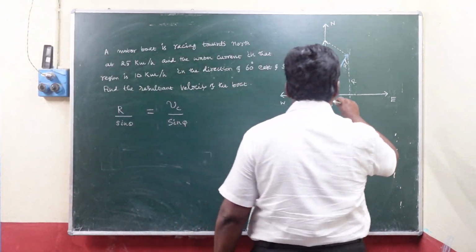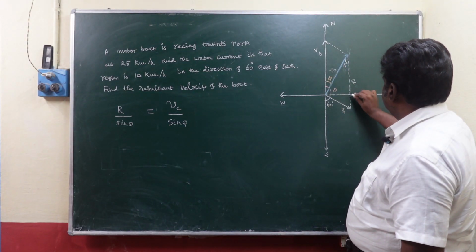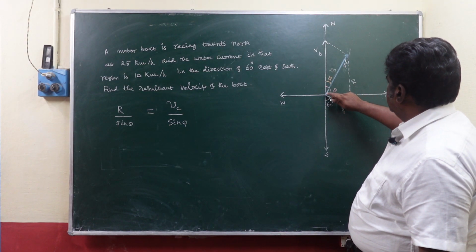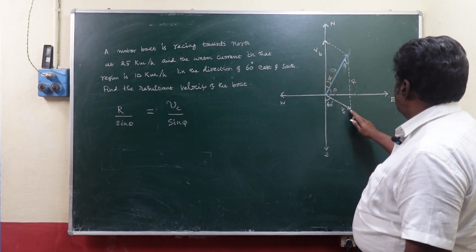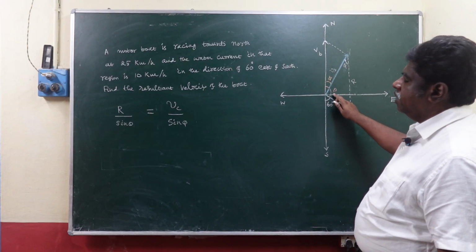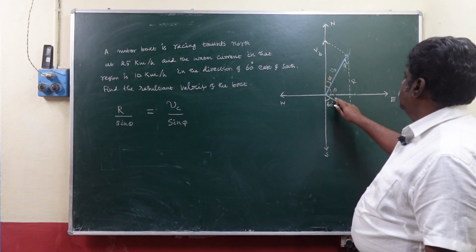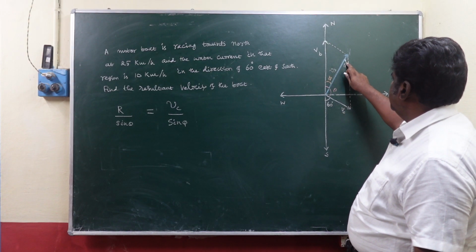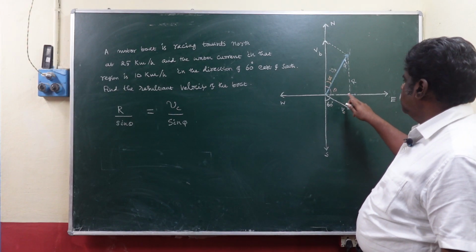See here, for that, consider this triangle present inside the parallelogram. This is VB, this is VC, and this is R. The angle opposite to R is theta, that is the angle between VB and VC. If this is phi, this angle is also phi. This side is VC. Now apply our sine rule.